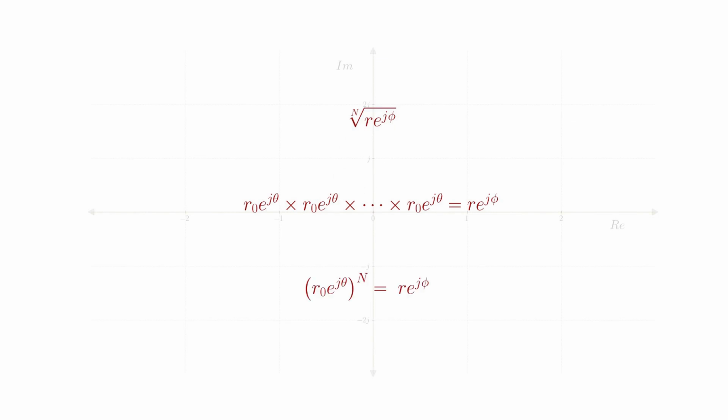To answer them, let's now try to find the nth roots of a generic complex number. So we now need vectors which when multiplied n times give us r e power j phi. In other words, what are the vectors which when scaled and rotated n times in a sequence reach the desired point on the complex plane?